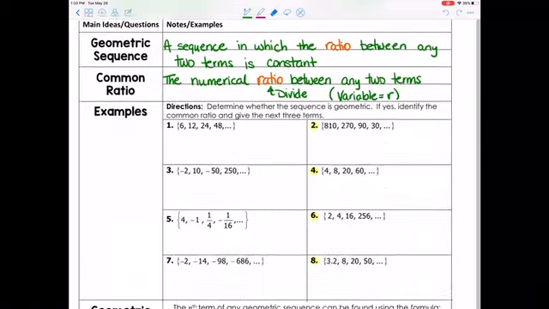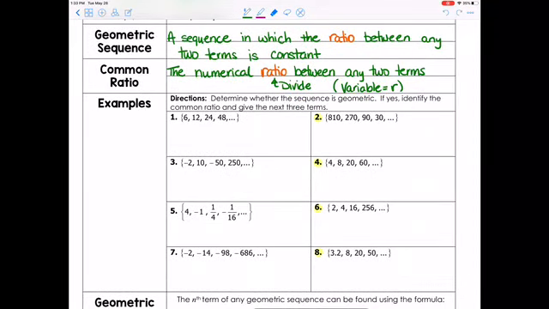So let's look at this first set of examples. In the directions, it asks us to determine whether the sequence is geometric. If yes, identify the common ratio and give the next three terms. So let's take a look at example number 2.